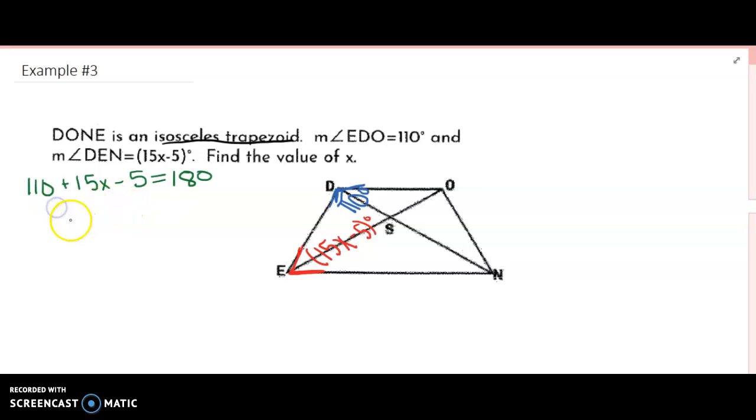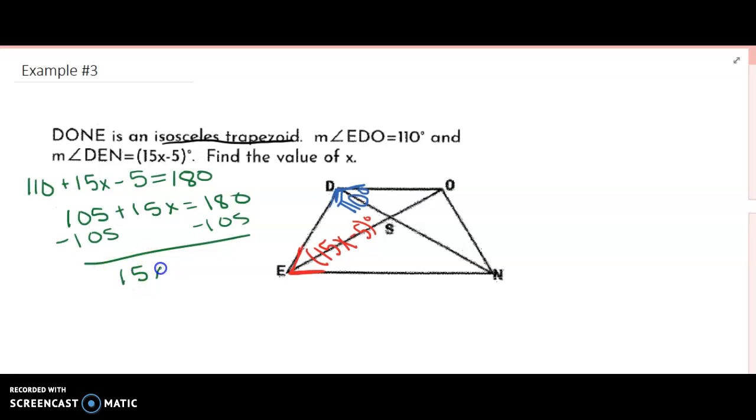And now it's just algebra, so 105 plus 15x equals 180. Subtract 105, 15x equals 175. Divide by 15 on both sides, I get x is, sorry, that's not 175, it's just 75. x is 5.